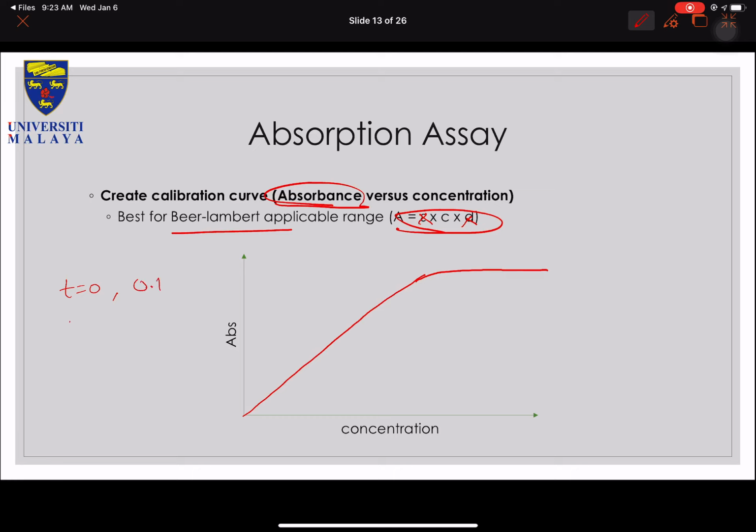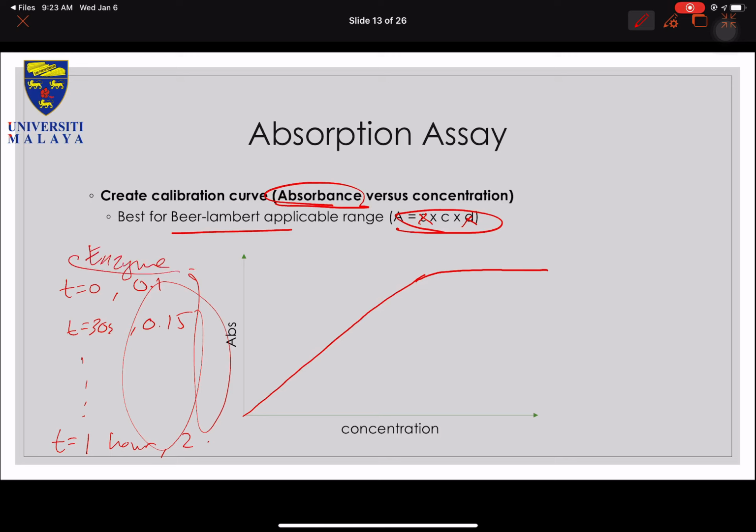And then at t equals 30 seconds, you have a measure of 0.15, and so on and so forth, until t equals say 1 hour, where you have an absorbance of 1.